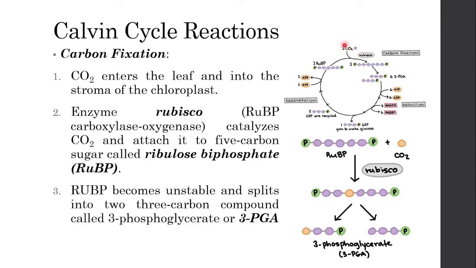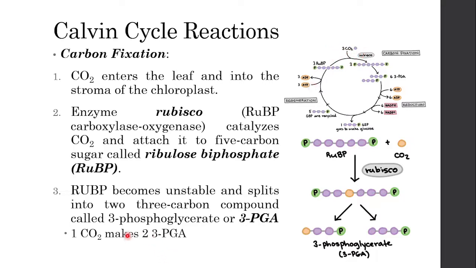If you only have 1 carbon dioxide, you get 2 copies of 3-PGA because it splits. So in the first stage of our Calvin cycle, carbon fixation, we ended up with 6 molecules of 3-PGA. One CO2 makes 2 3-PGA, which means the whole Calvin cycle usually needs 6 carbon dioxide.